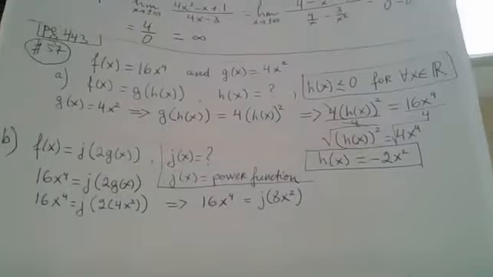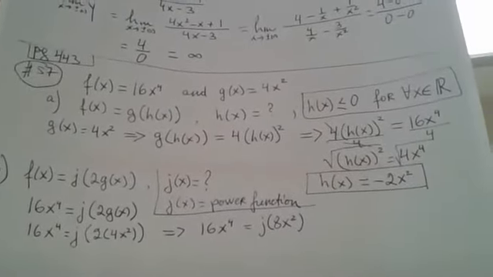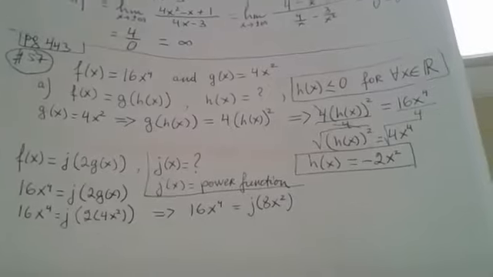Then 16x to the 4th equals j composed with what? 8x squared. Right? Yes.